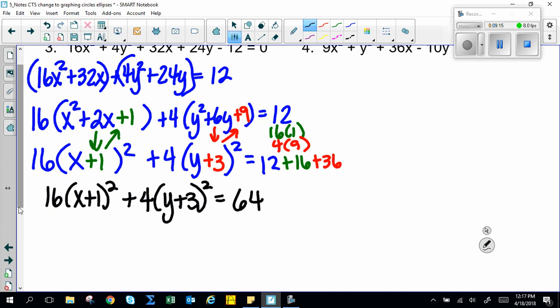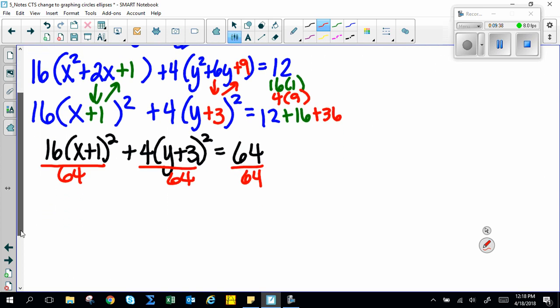Okay, so when I'm graphing ellipses, in graphing form, what does the equation have to equal? A 1. Does my equation equal 1? No. So what I'm going to do is I'm going to make it equal to 1 by dividing by 64. Whatever I do to the right-hand side, though, I do to the left-hand side.